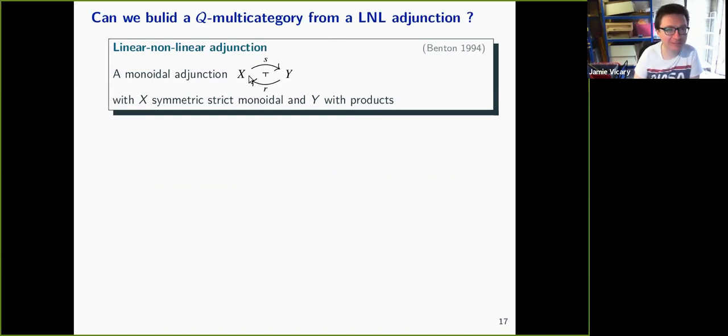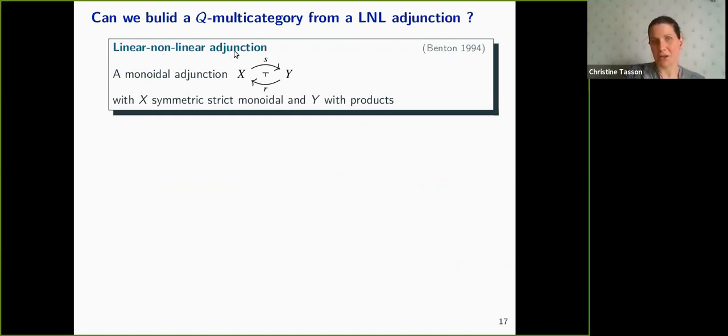Okay, so from a linear nonlinear adjunction, I can build a structure category. So imagine you have X, which is the strict symmetric monoidal world, so the linear world, and Y is the nonlinear world, so it's a Cartesian category. And I get rid of the plus structure because it's an orthogonal problem. So here I have an adjunction between S and R, which is a monoidal adjunction. And I can build a structure category, or almost a structure category.